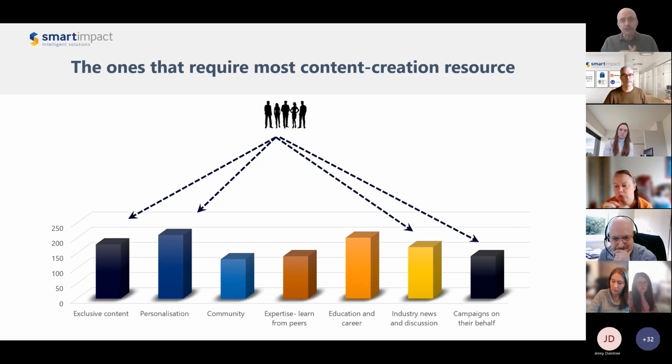So keeping that personalization going is very resource intensive. And then, of course, industry news and campaigns. So these are all things that the members value the most, but are also the things that require a huge amount of resource at the membership body end to keep fresh, keep lively, and keep valuable for the members.